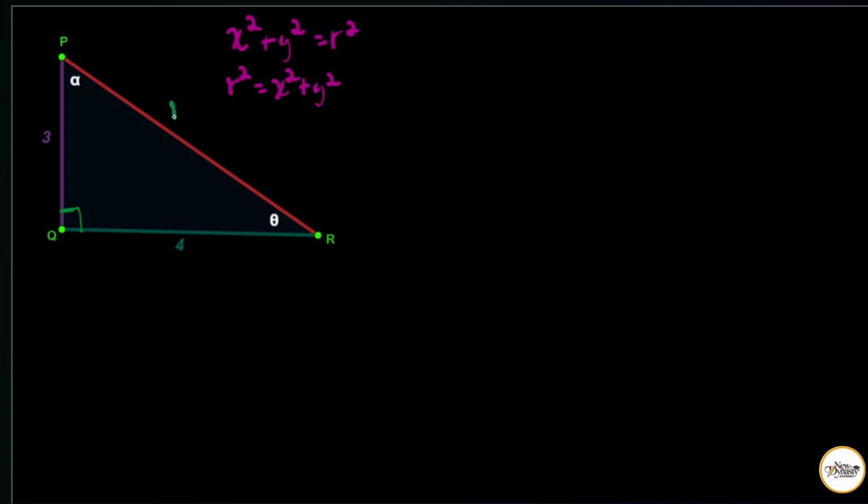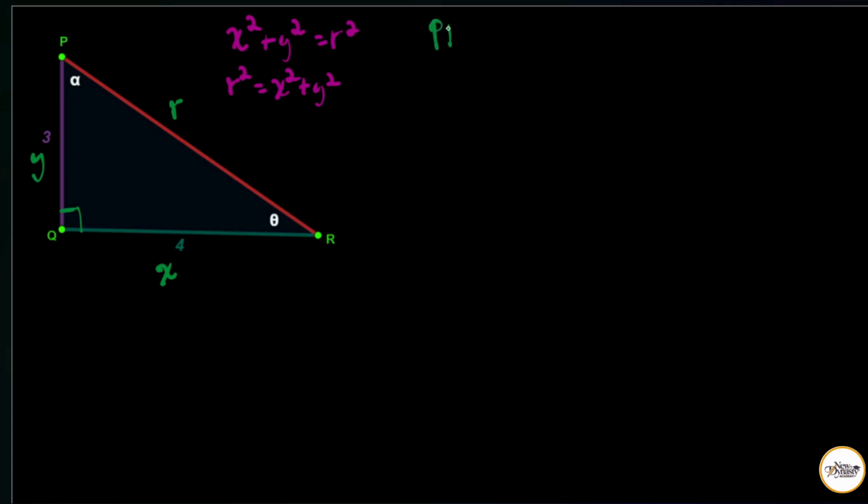So we can call this side our r, this side our x, and that side y. Now formulating our own Pythagoras theorem, starting with the side r. Side r is side PR, with a capital letter.